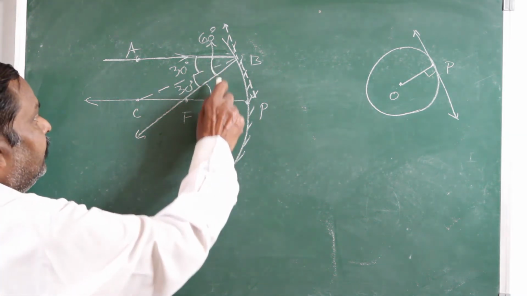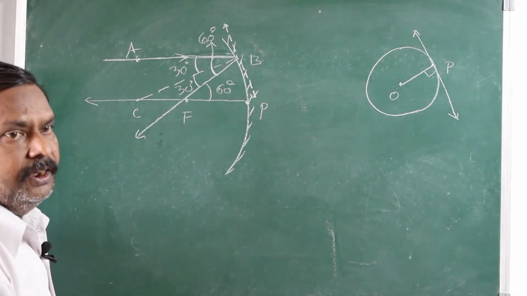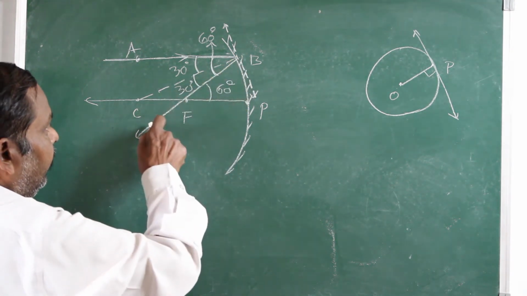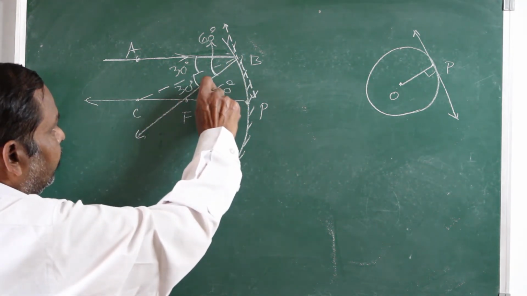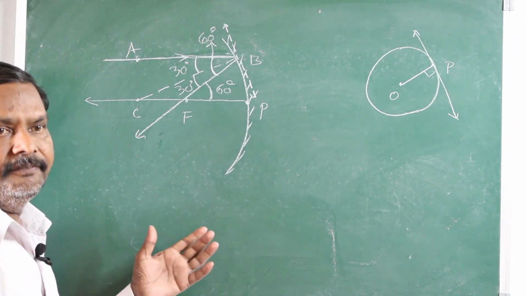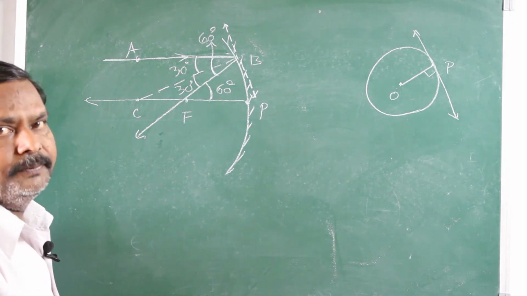So if this is 60, this is also equal to 60 degrees. And that is the answer. The angle between the reflected ray and principal axis is 60 degrees. So this is the first case, when the ray of light is passing parallel to the principal axis.